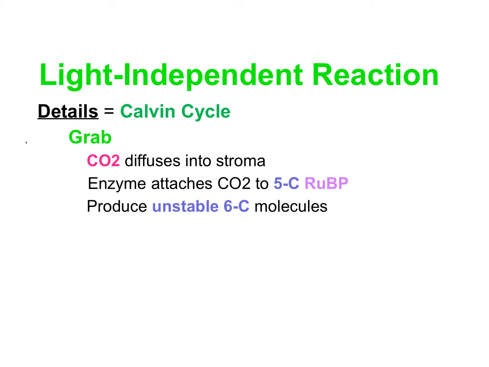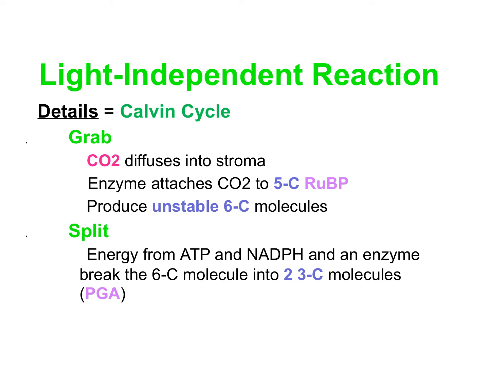So we're going to take that 5 carbon, add the CO2 to it, and make an unstable 6 carbon molecule. Because it's unstable, we are going to need to do something to change this into a stable form. That brings us to step 2, which we call the split step.